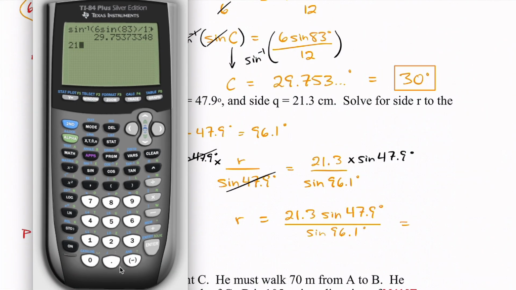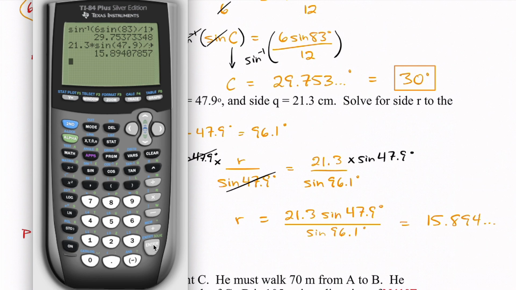So 21.3 times sine of 47.9, close the bracket around that sine, divided by sine of 96.1, and then close the bracket for that sine ratio. Okay, and then we click enter, and we got 15.894.